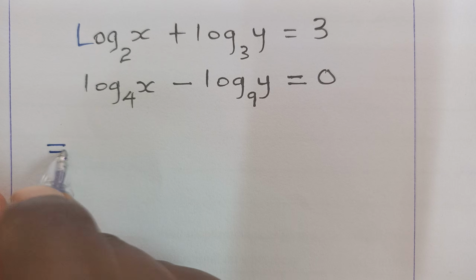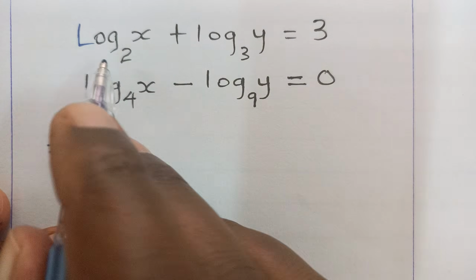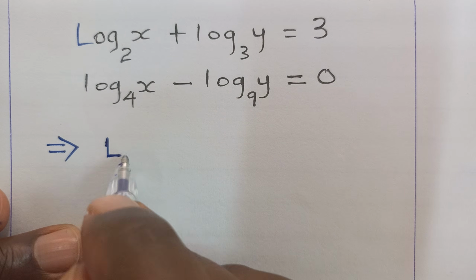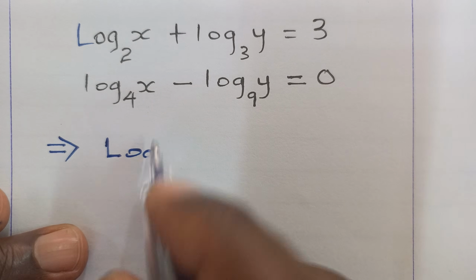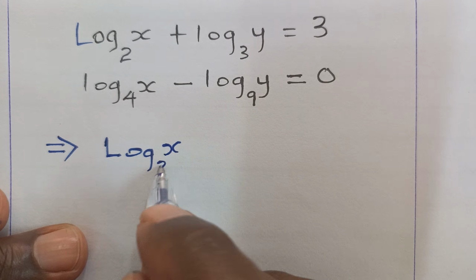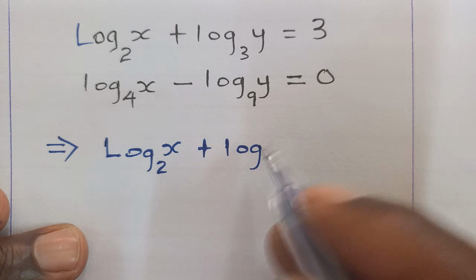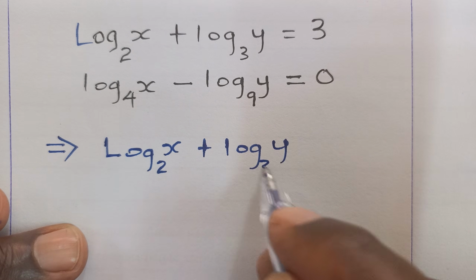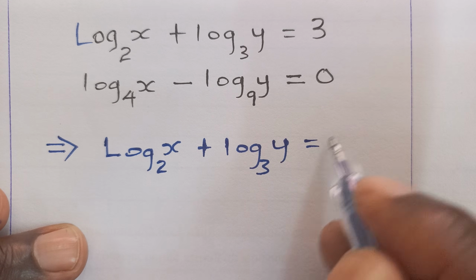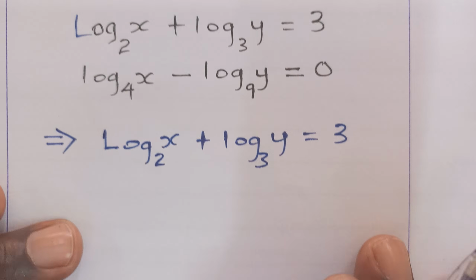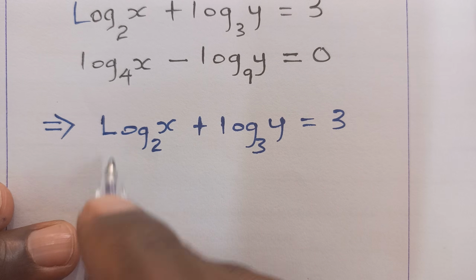So this first one I just write the way it is: log x to base 2 plus log y to base 3 equals 3. Coming to this one, I change to base 2.